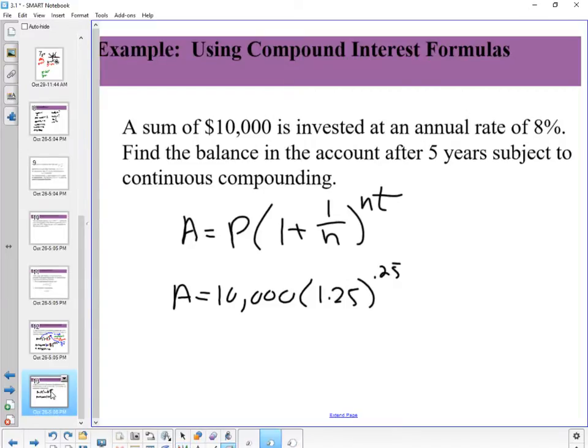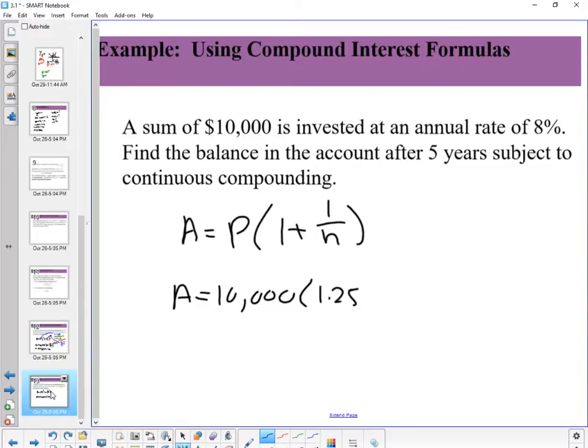No, n is the number of times. I should only have the t in there, right? The continuous one, yeah. Why did I go to 0.25 here?